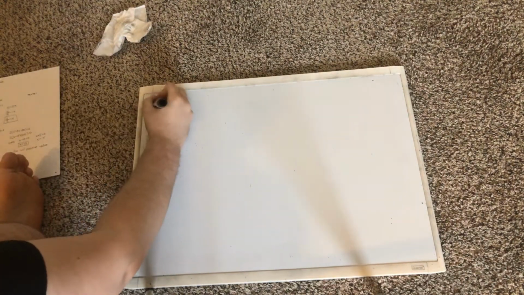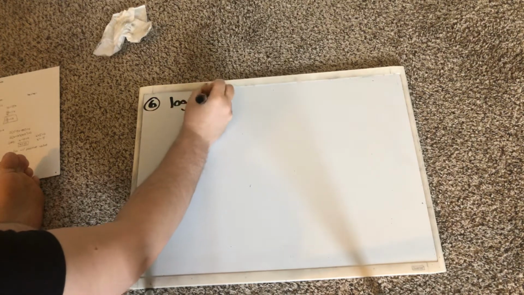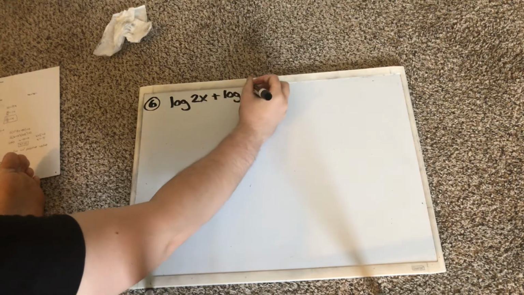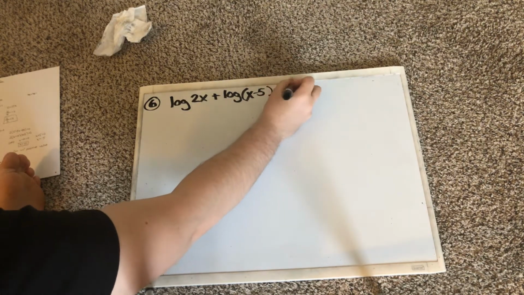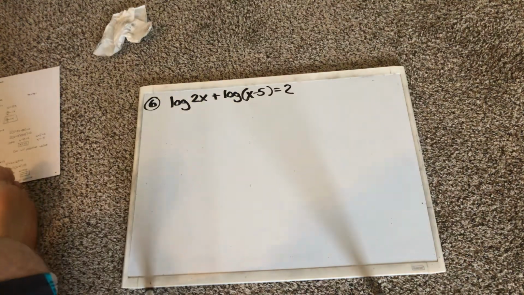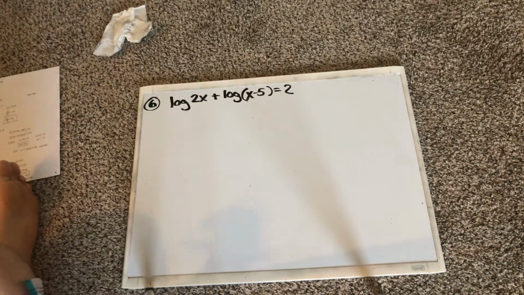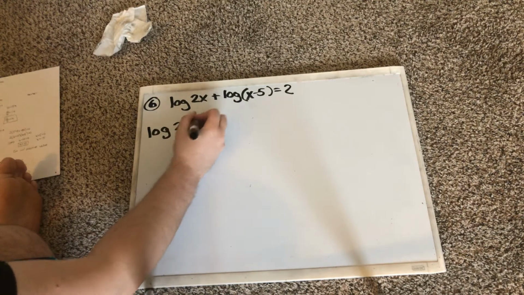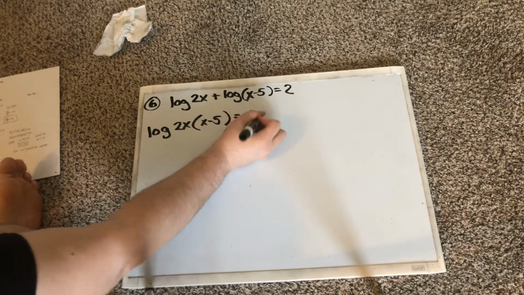Alright, number 6. I have log 2x plus log of the quantity x minus 5 equals 2. When I get something like this, first I'm going to condense. Addition means multiplication. So log 2x times x minus 5 equals 2.